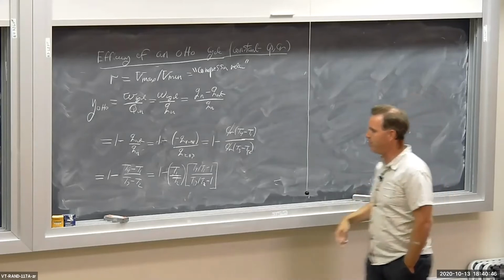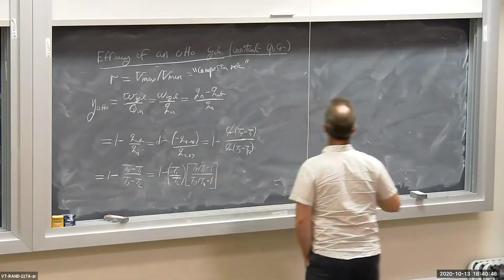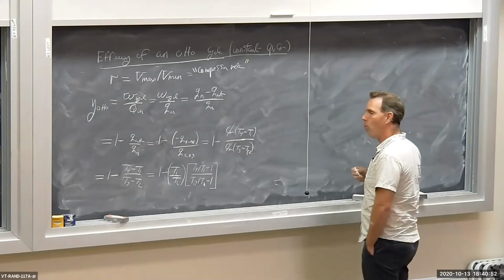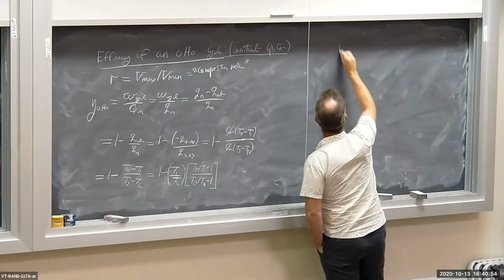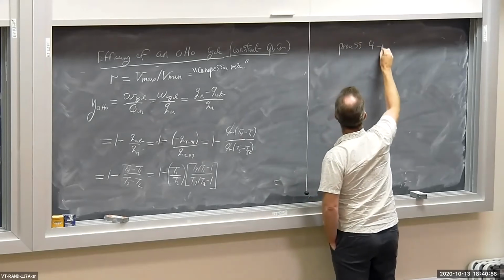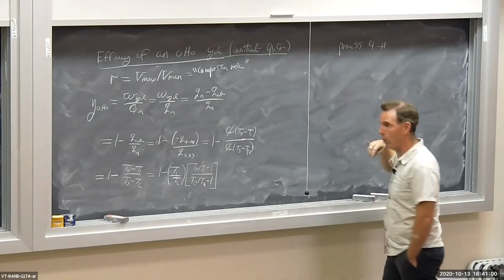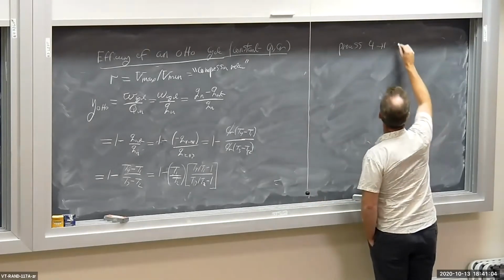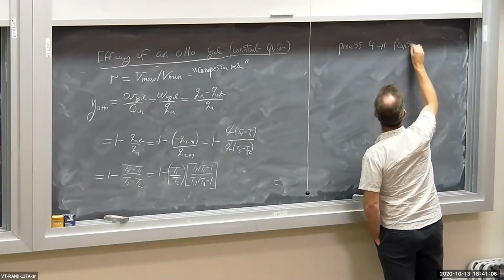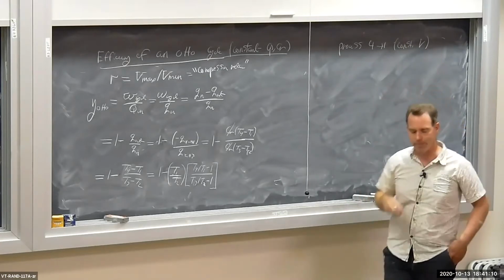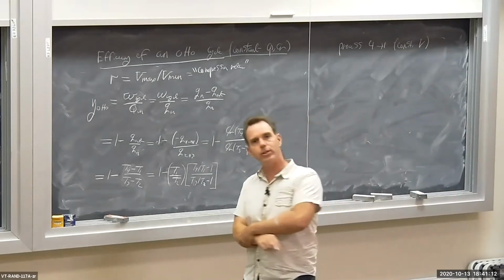Let's look at the temperature ratio T4 over T1. Let's look at process 4 to 1. Again, 4 to 1 is the constant volume heat rejection.